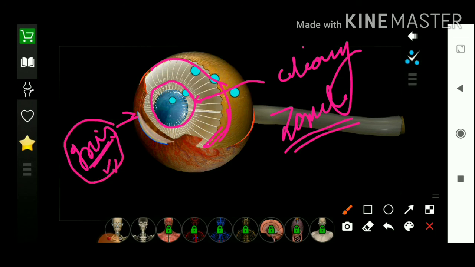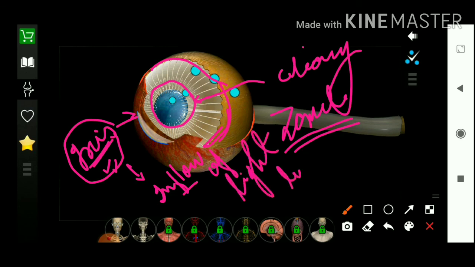Always remember that the iris acts as a curtain, and it regulates the inflow of light into the lens. This is an important function of the iris.